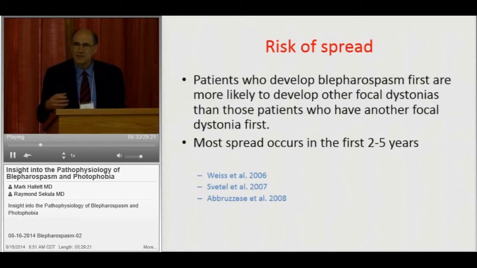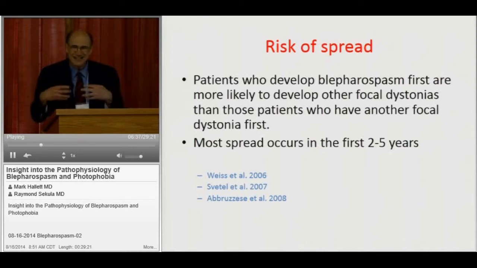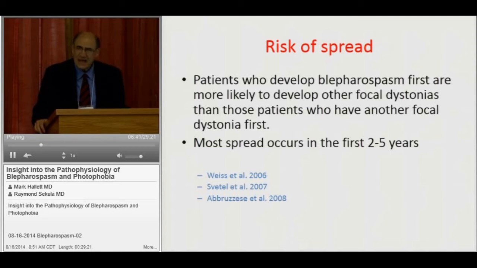So, for example, if you have cervical dystonia or spasmodic dysphonia, you are less likely to spread to others than if you have blepharospasm. And another point is that most of that spread occurs in the first few years. Again, as Dr. Jankovic mentioned, within 5 years or so, you have a sense about how much spread there is going to be.